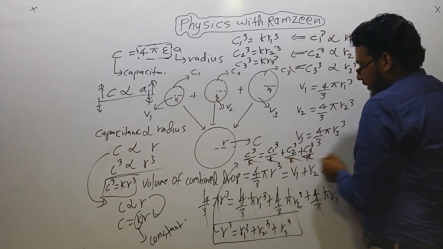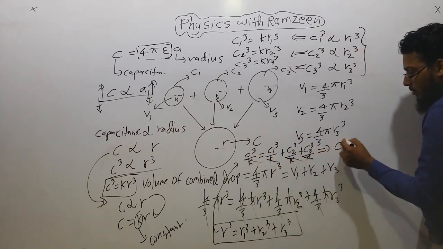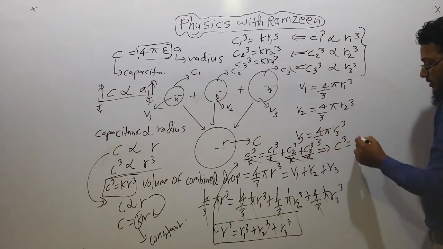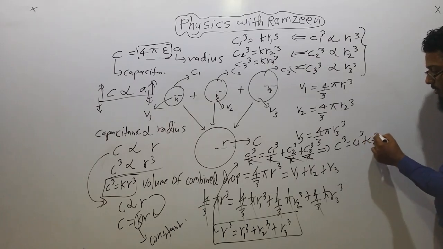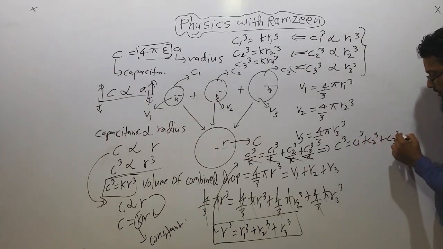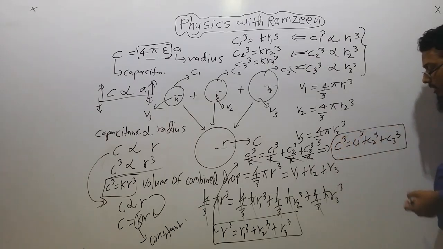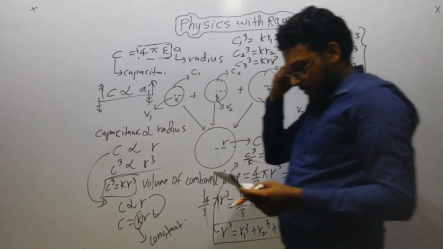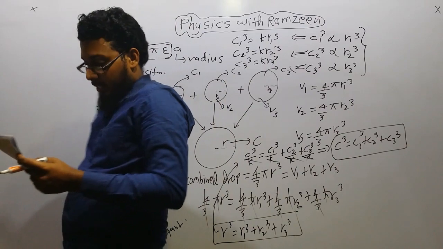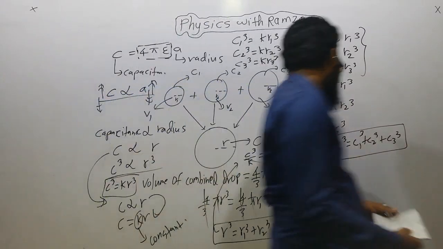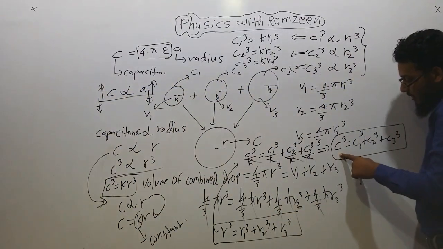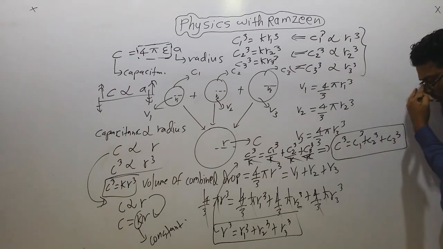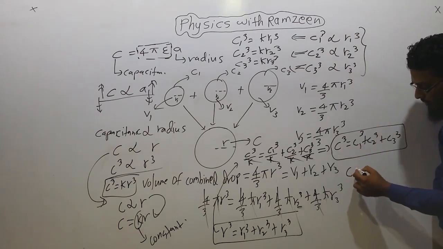Finally I remove the K in the equation, and I got the value for the capacitance of the combined spherical drop: C1 cube plus C2 cube plus C3 cube. This is the final output I got, and the question is asking for the final capacitance. This is the capacitance multiplied three times, so I need to change the capacitance value.